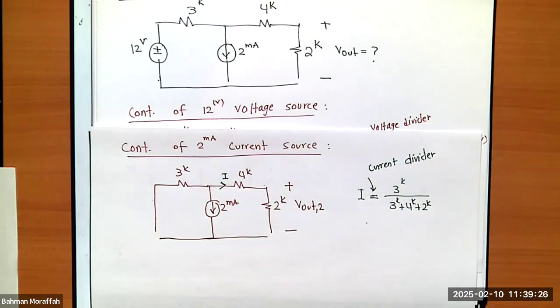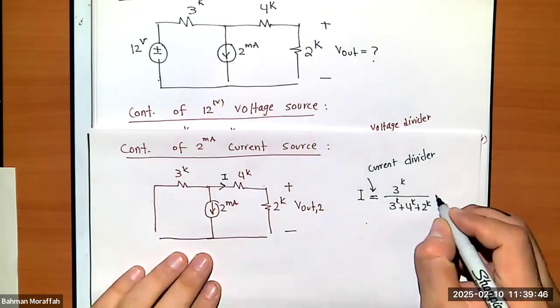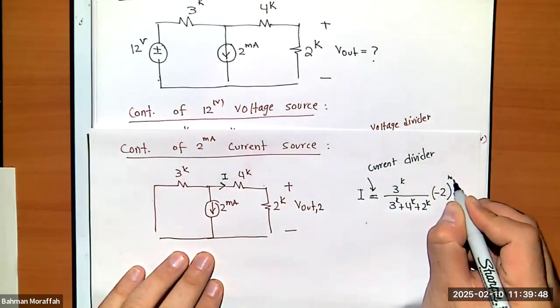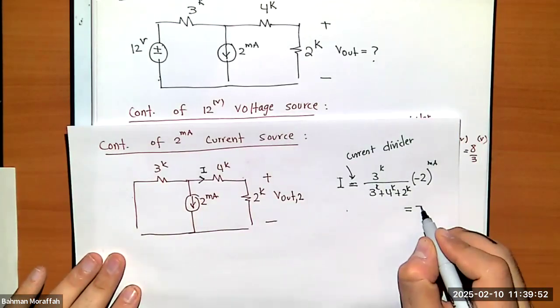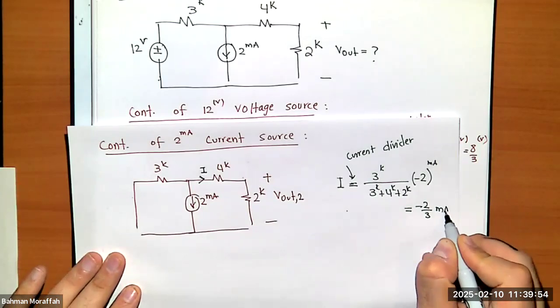Look at the direction of the current. The current here is actually going down. But in the actual current divider, the direction was going up, and it's split between those two. So to make this going up, I have to make it up by a negative sign. So I have times -2, which tells me that is minus 2/3 milliamps.